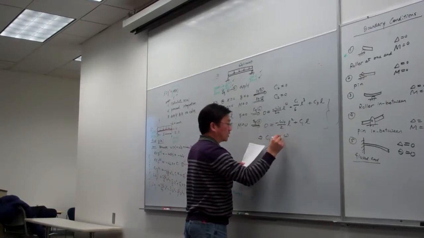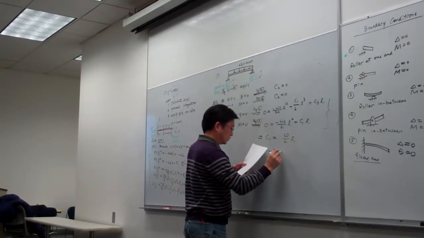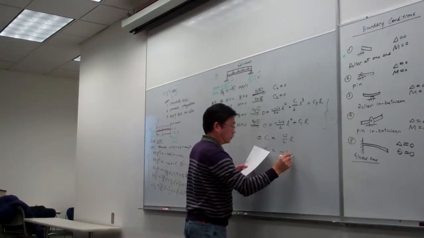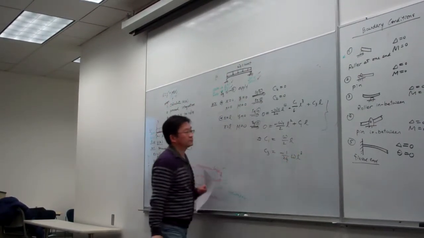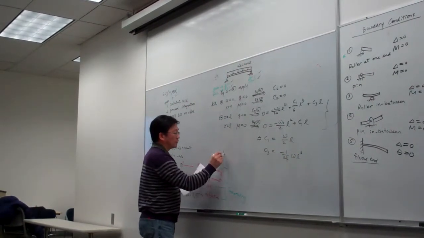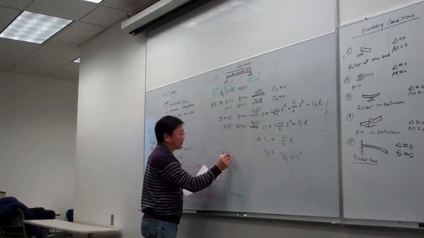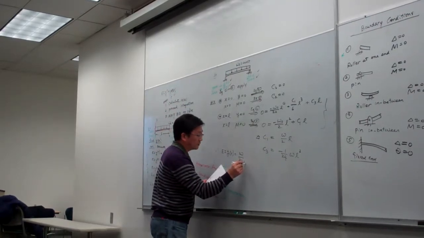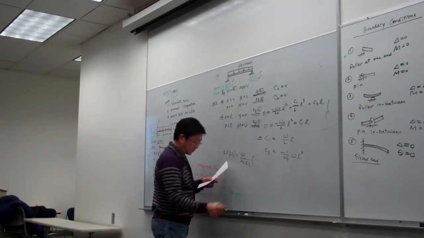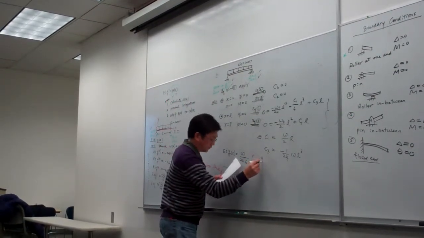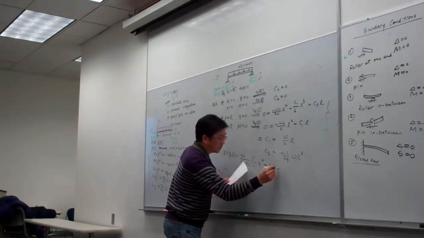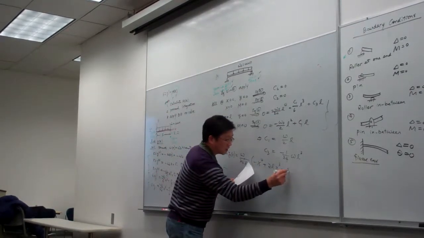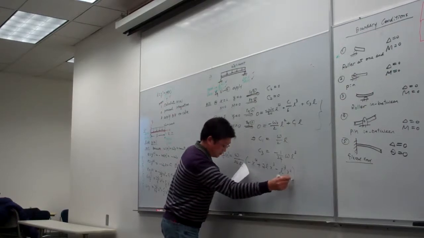C1 equals omega L over 2, C3 equals minus omega L cubed over 24. Therefore EI y of x equals omega over 24, and then we rearrange: minus x fourth plus 2L x cubed minus L cubed x.